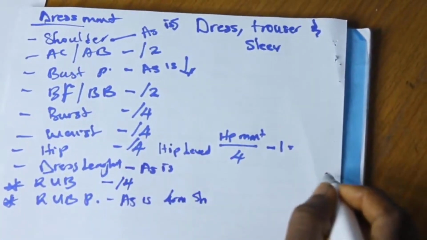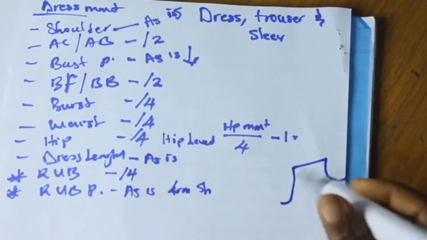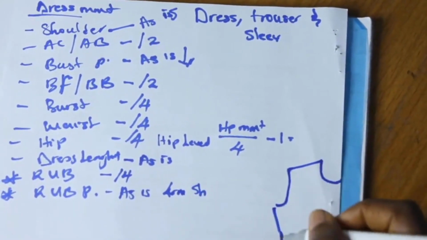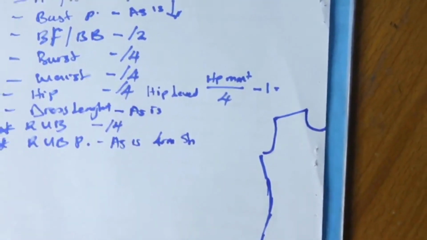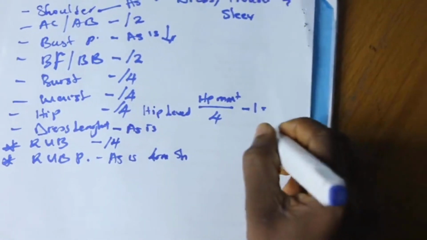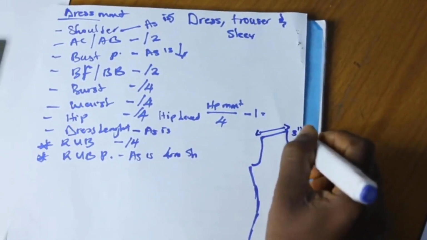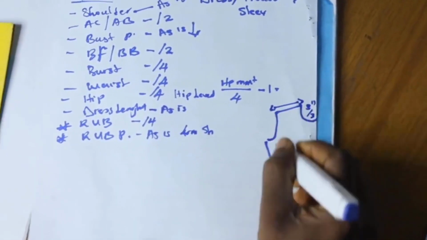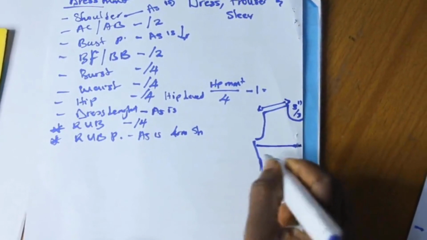So for a dress, let's use a dress now. If you have this as a dress, fold it in half, come this way, and this is your dress. So you have your shoulder measurement, which is of course 3 by 3 inches. Then you have your bust point.